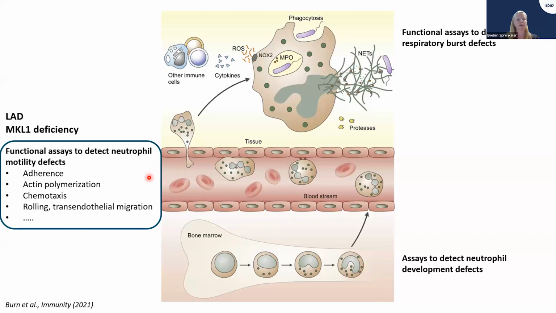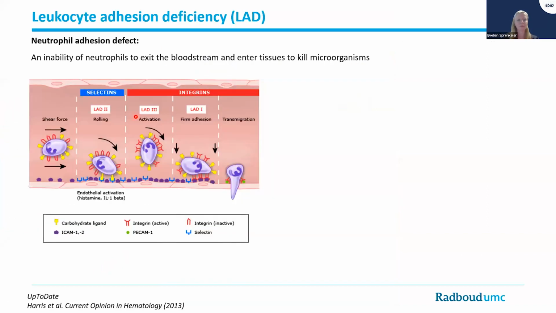So I will tell you something about neutrophil motility defects by describing leukocyte adhesion deficiency and MKO1 deficiency. These are two inborn errors of immunity. So as the name already says, leukocyte adhesion deficiency means that neutrophils can't adhere. And this means specifically to the endothelial cells which line the blood vessel.